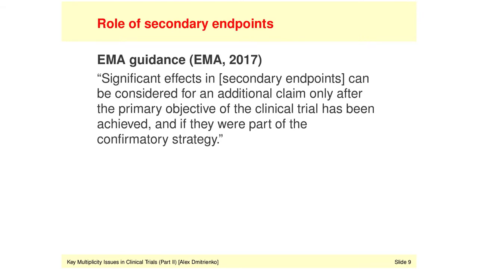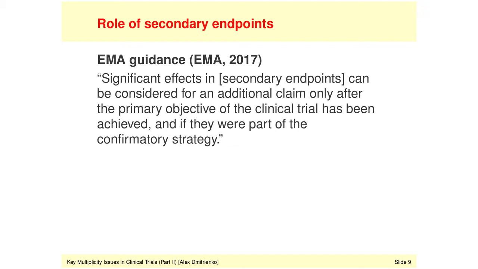I would like to briefly mention that the role of secondary endpoints in confirmatory trials will be discussed in detail in Module B, and for now I would like to give this quote from Section 6.2 of the EMA's draft guideline on multiplicity issues in clinical trials that was released in 2017.